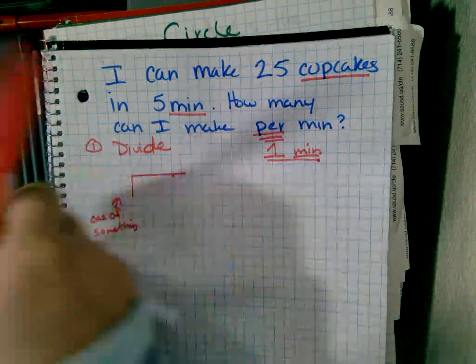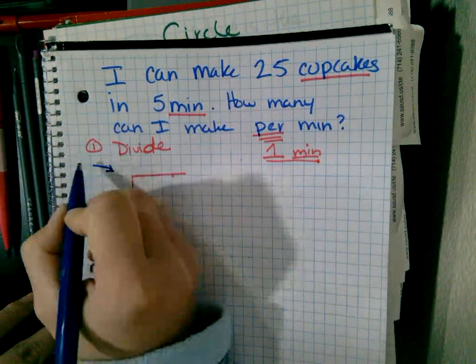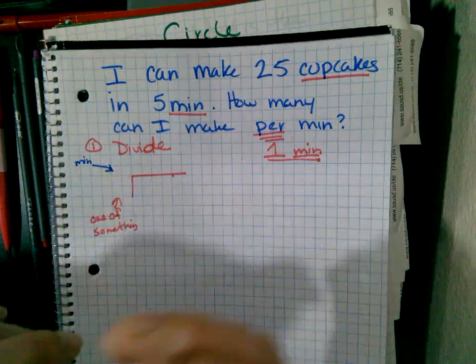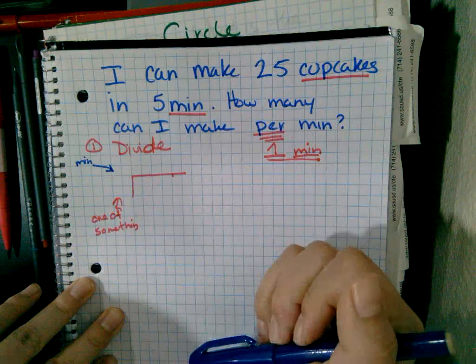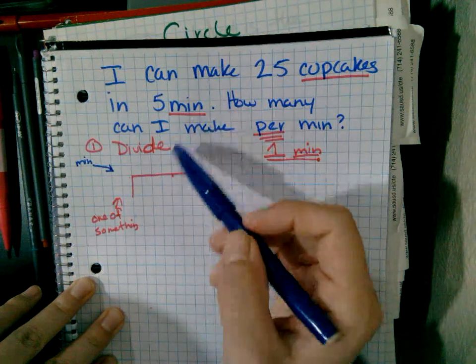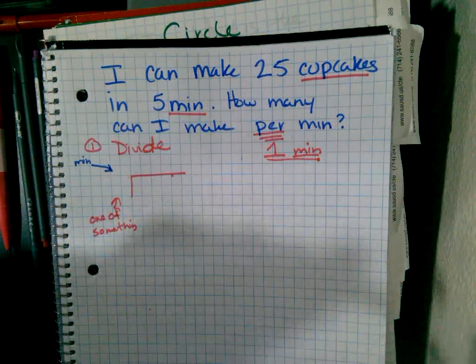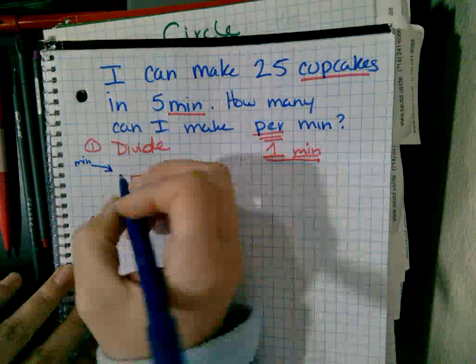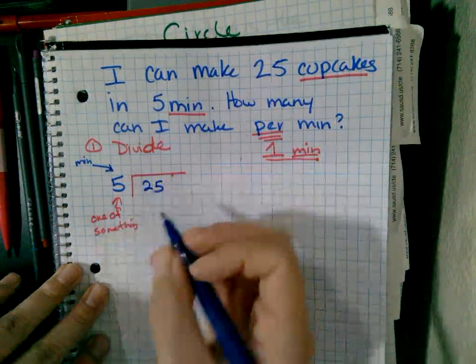So therefore, this number outside has to be the minute. So which number represents minutes, 5 or 25? 5. Thank you. So the 5 goes outside, so therefore 25 goes inside.